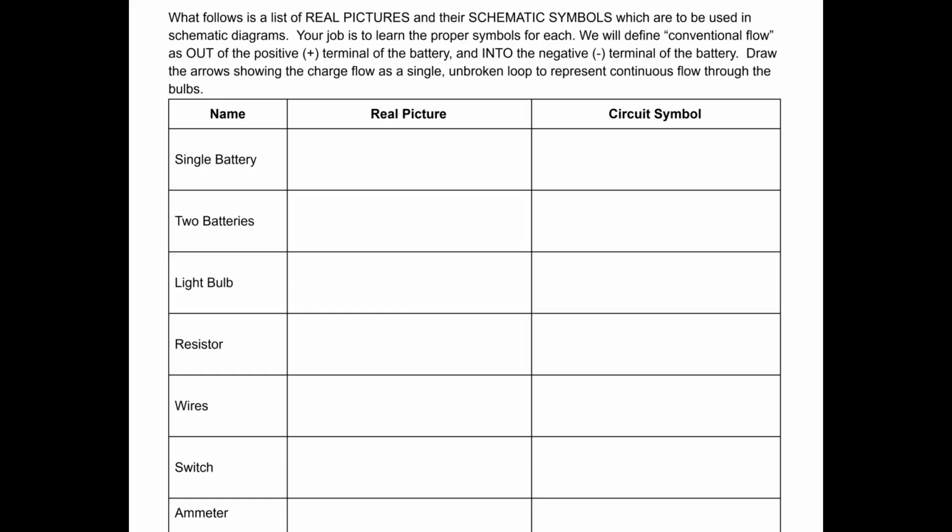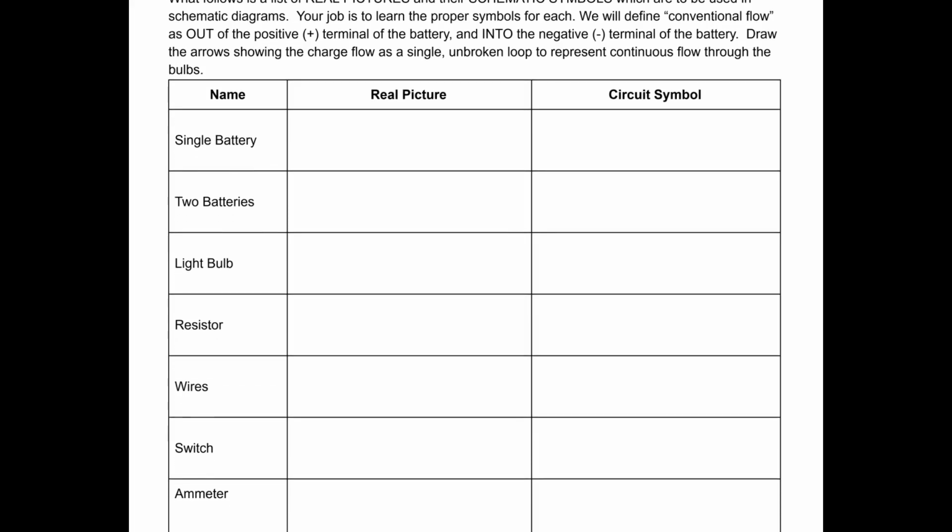So here we go. A single battery. What we've been drawing was maybe something like this, right? We had the positive terminal, and then the negative terminal on the side. Maybe if we drew it on its side, we had the negative terminal and then the positive terminal.